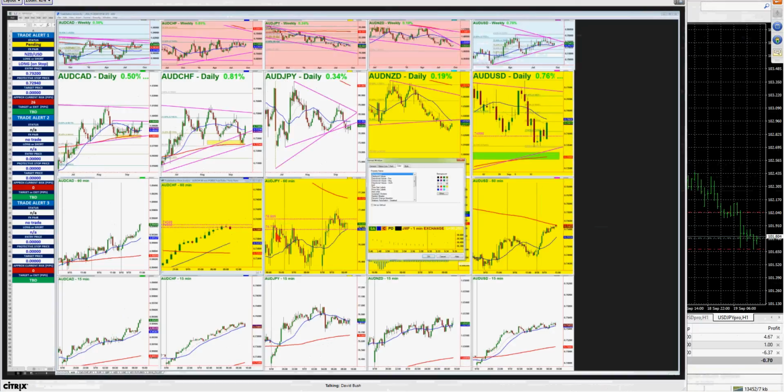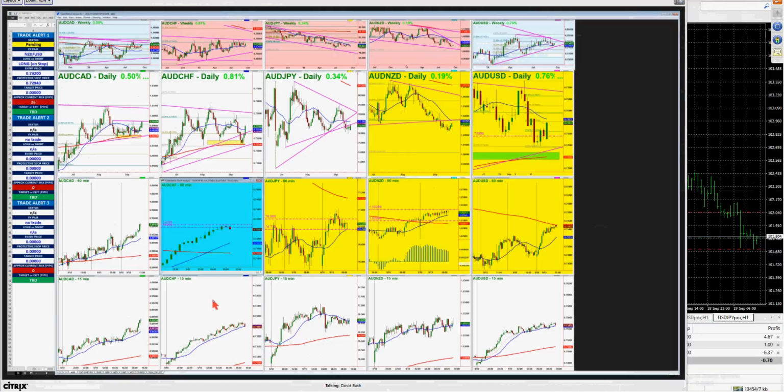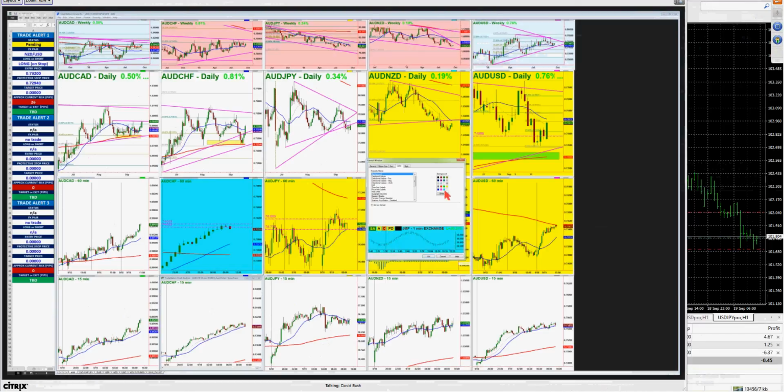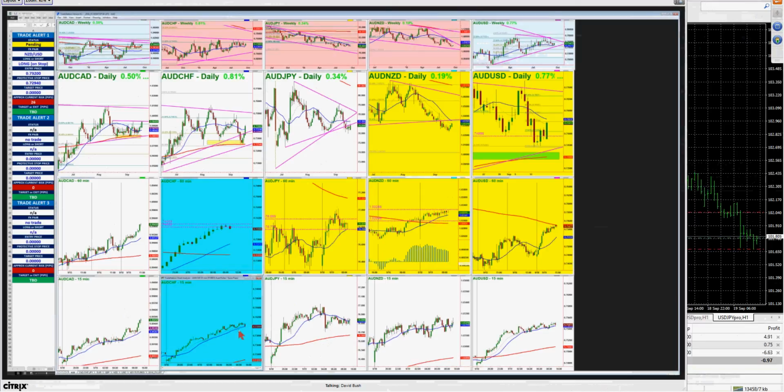Okay, I'm going to put this in blue, folks, since it's an open idea. This Aussie Swiss, stop might be lowered. Let's just see how it acts here. Again, very strong. So this is still in an intraday uptrend, which is why this is a counter trend idea, not our usual fare.